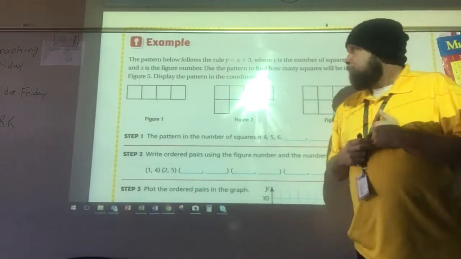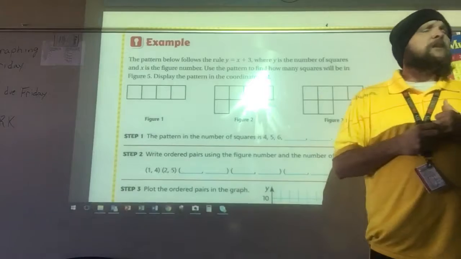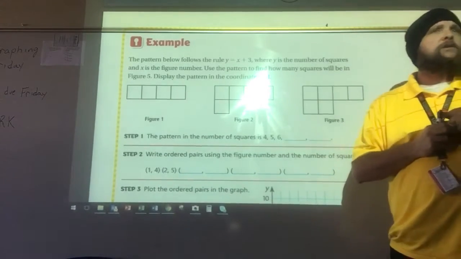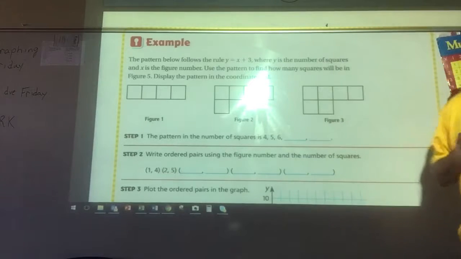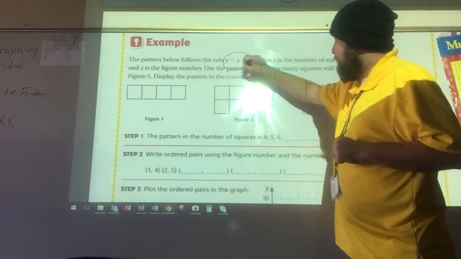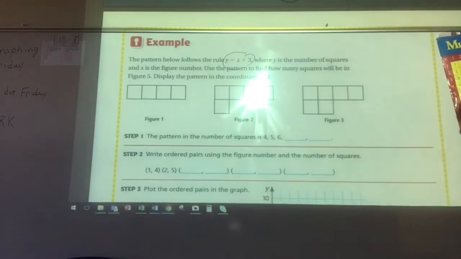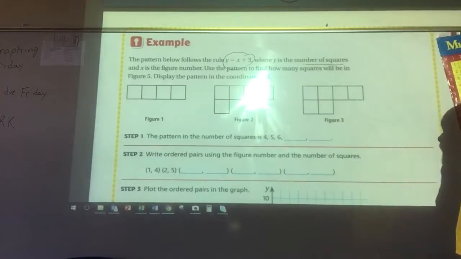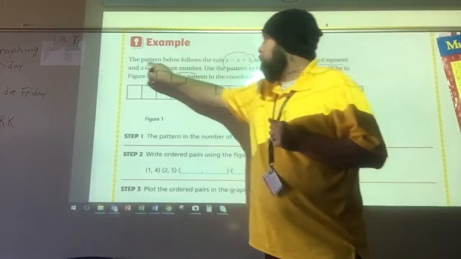All right. So I had questions on this from students, which is kind of silly, because if you read it, the number pattern below follows the rule y equals x plus 3. That's important. Where y is the number of squares and x is the figure number.